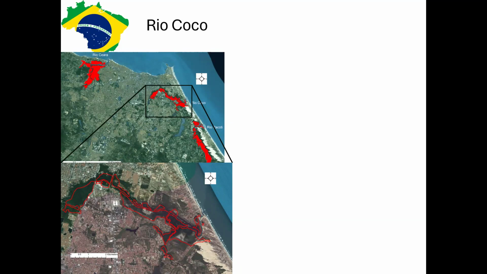However, there's a much lower proportion that is marine-derived sand. So a larger proportion of that is actually aeolian, 40% to 45%, which is contrasting with the Rio Ceará one. Now, in some parts you've got high proportions of silt and clay compared to Rio Ceará.